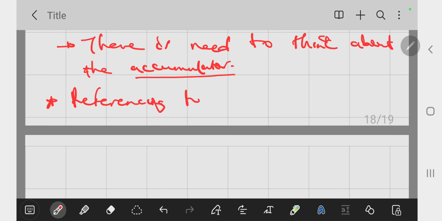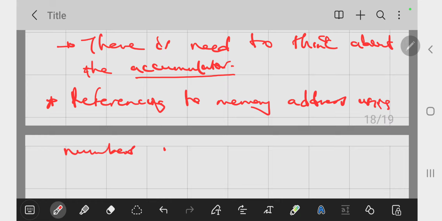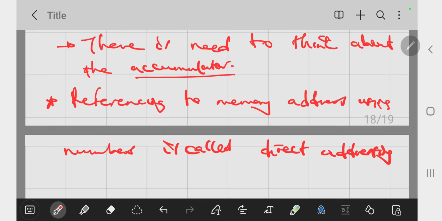Referencing to memory addresses using numbers is called direct addressing. Yeah, so this is what we mean.